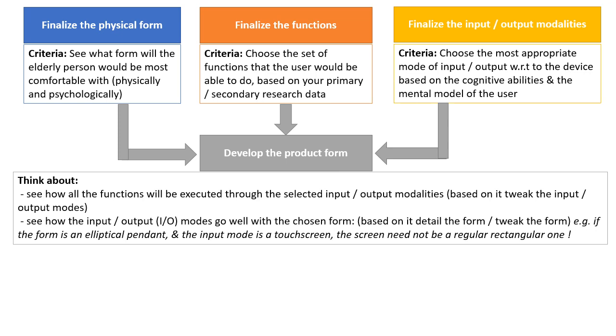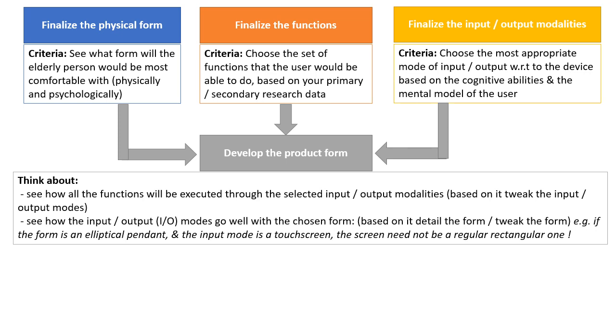But there can be some recreation function, a specific type of recreation which you have chosen, and that might be quite impossible to execute through only physical buttons in the device. So once you have finalized the functions, you also have to tweak the input and output modalities.